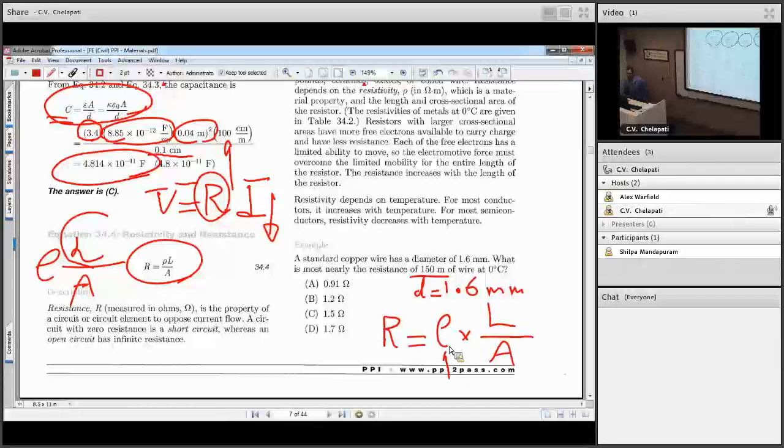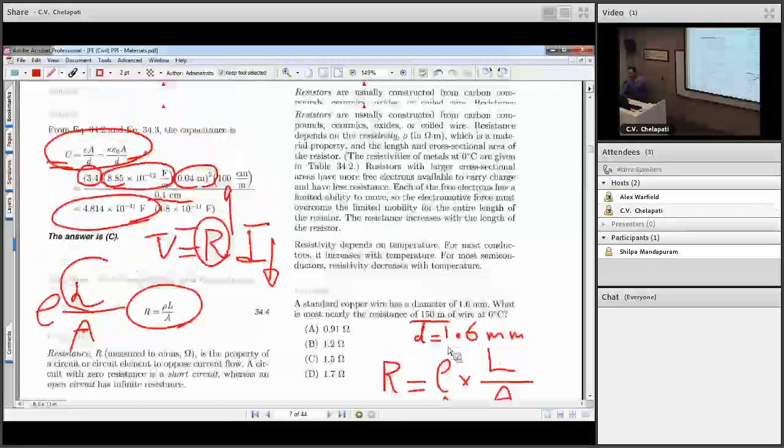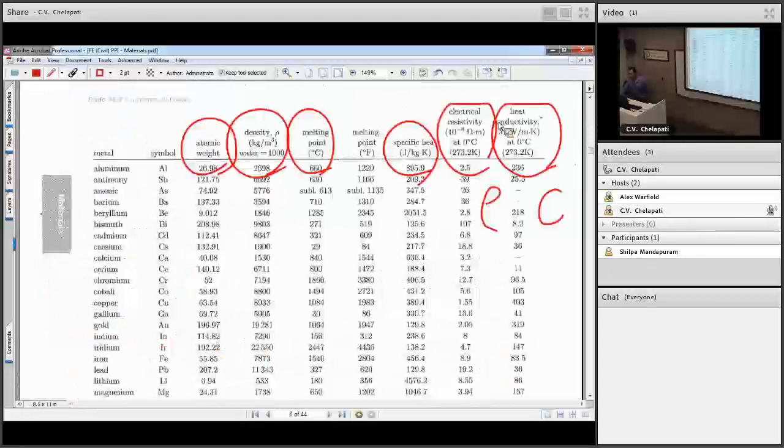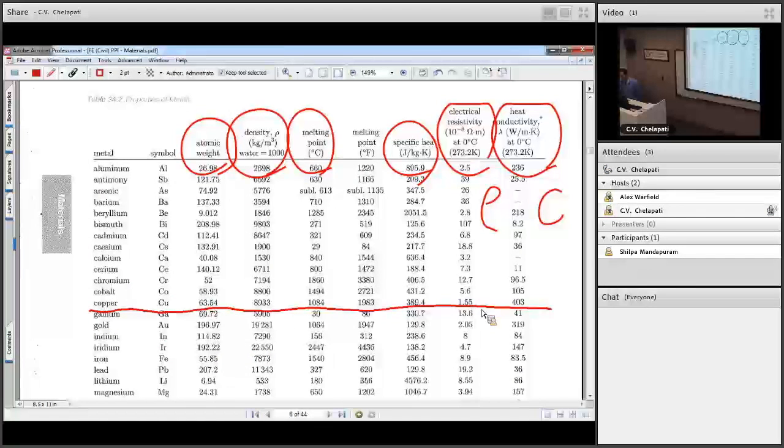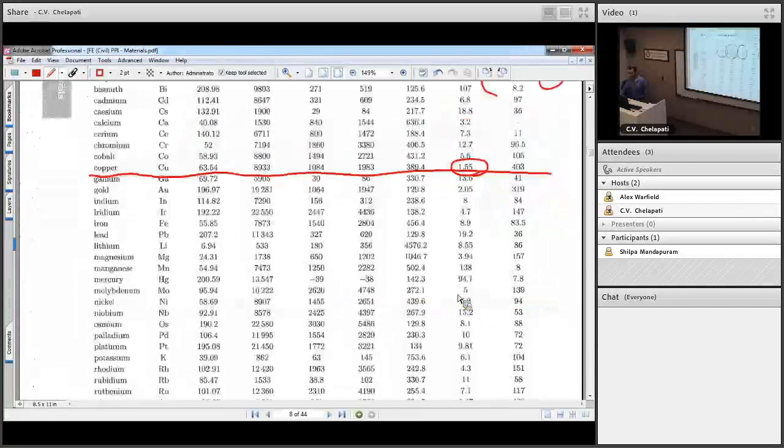These are called physical properties of different materials. You also get other properties such as atomic weight, density, melting point, specific heat, electric resistivity, which is the rho value, and also heat conductivity, which I'm going to elaborate on when I get to heat conductivity.